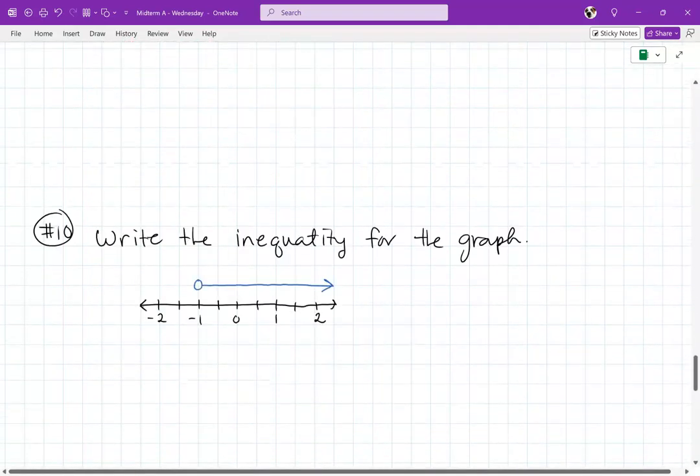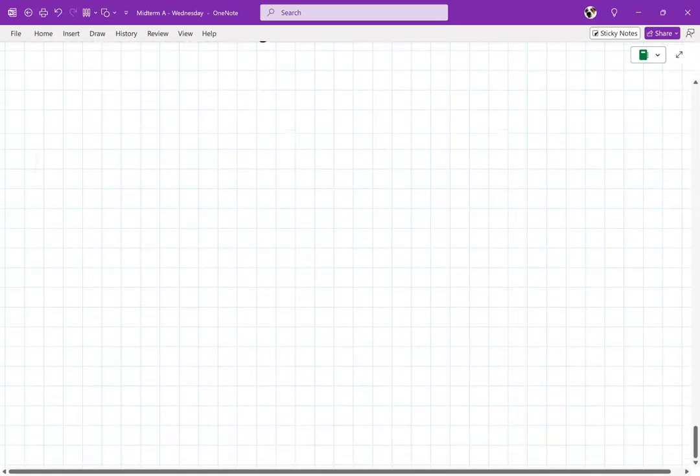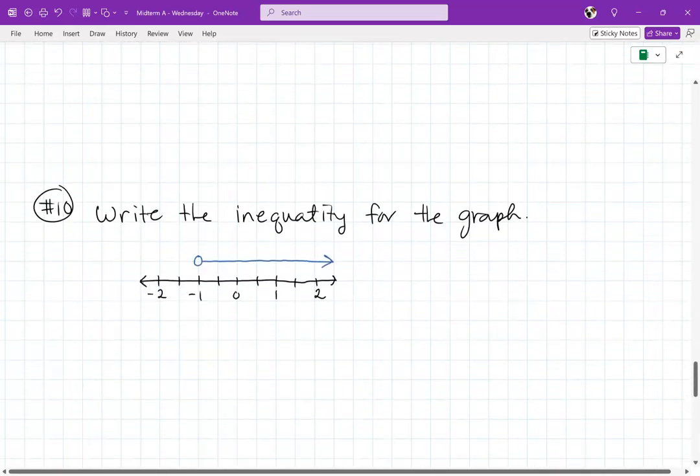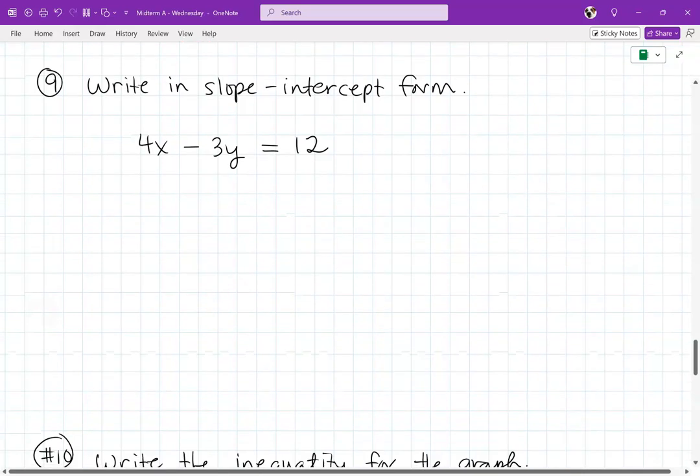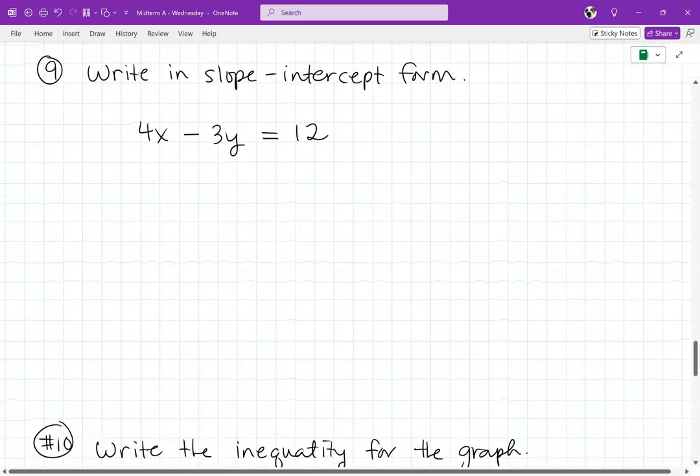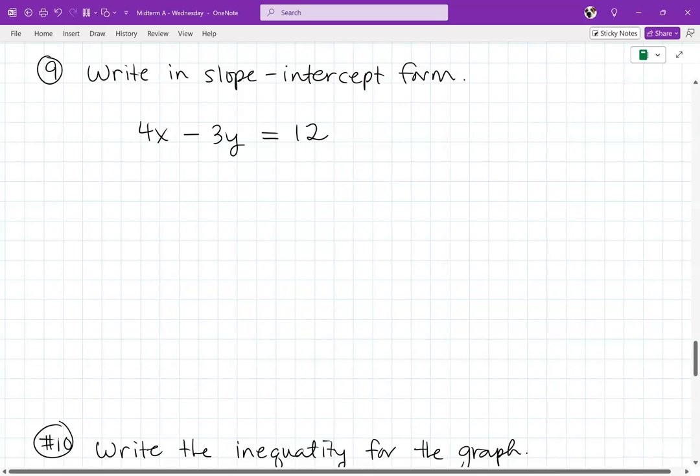All right, going to number 9. I'm just checking. I think we go up to 11, ABC. So basically, that's 3. So we got 5 more. This one's supposed to be easy, right, in slope-intercept form. Slope-intercept form is y equals mx plus b. Okay? So they want me to write it in this form right here. In other words, solve for y. Okay?